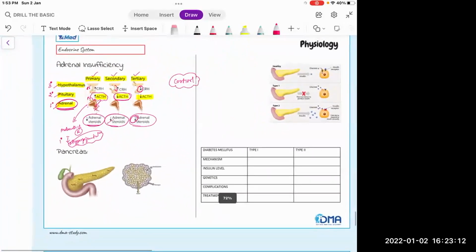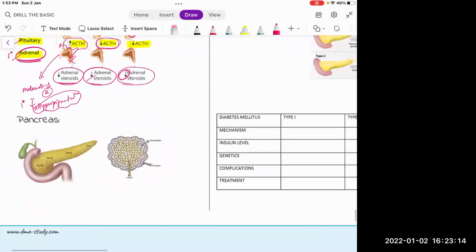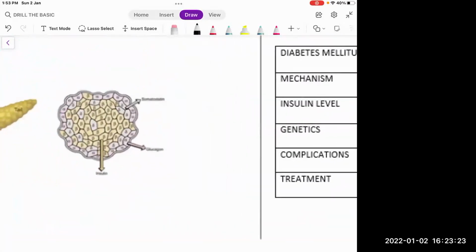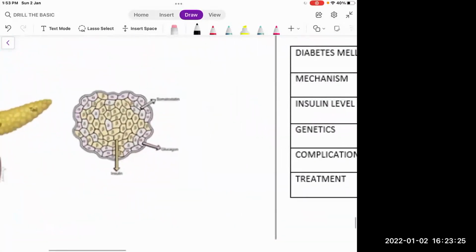And moving on to the last endocrine organ, the pancreas. It is both exocrine and endocrine in its function. This pancreas has three different types of cells: alpha cells, beta cells, and delta cells.